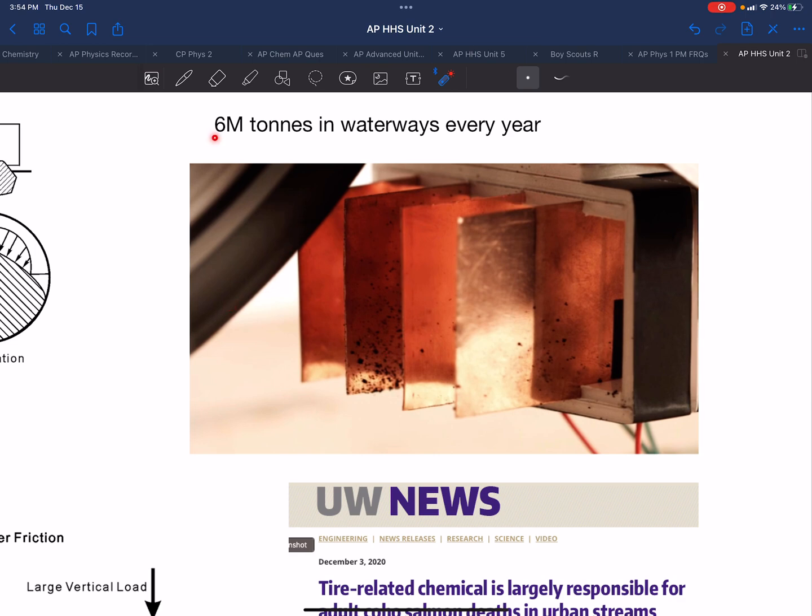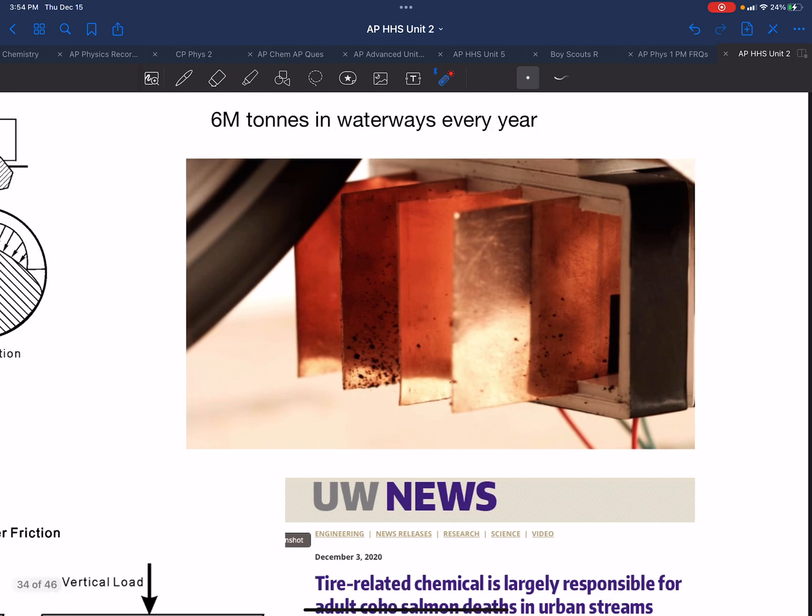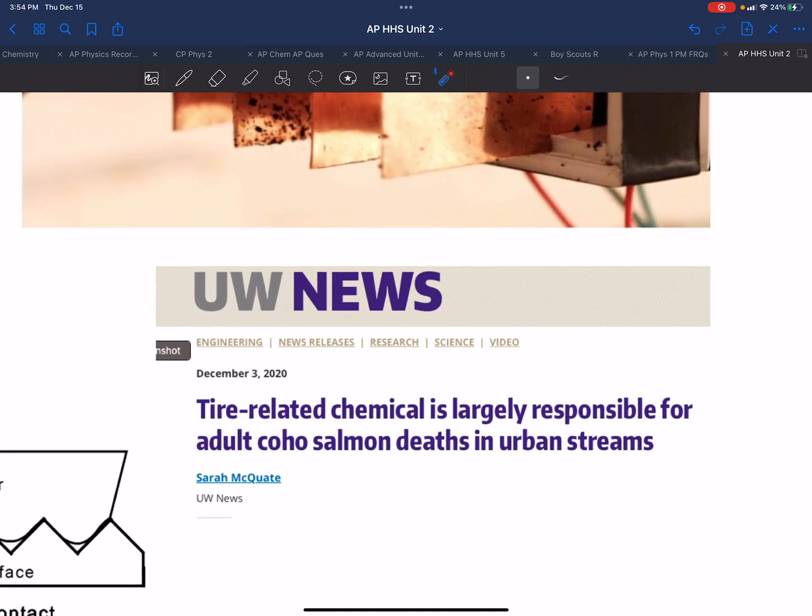Now, what we find is that more than 6 million tons of this kind of rubber ablation gets into our waterways every year. If these little particles are not collected, which they're not, because this technology is not being used on vehicles yet, the little dust particles land on the road, and when it rains, the runoff washes the rubber into the waterways, and that creates a huge problem.